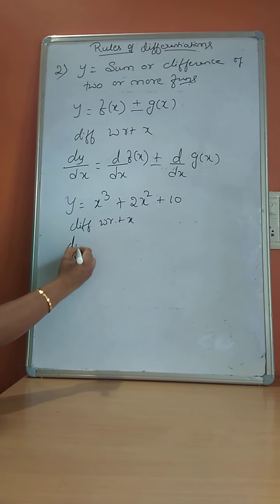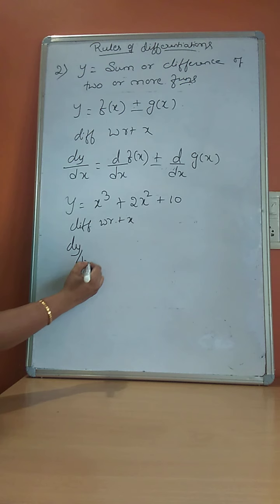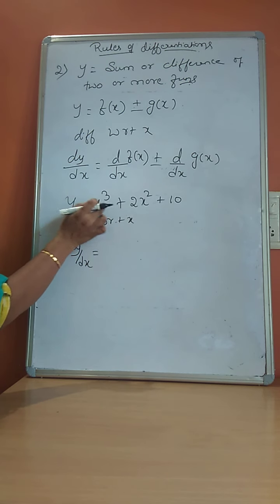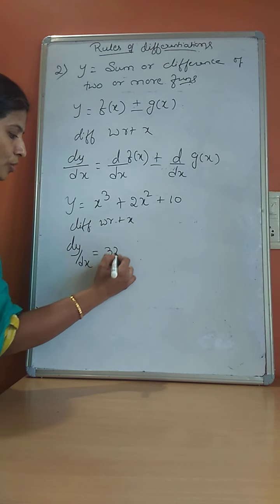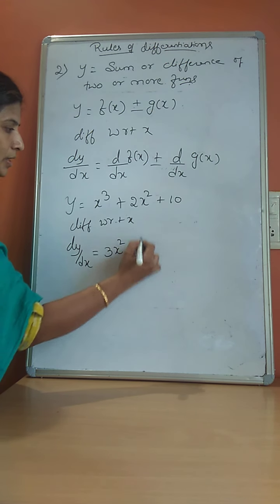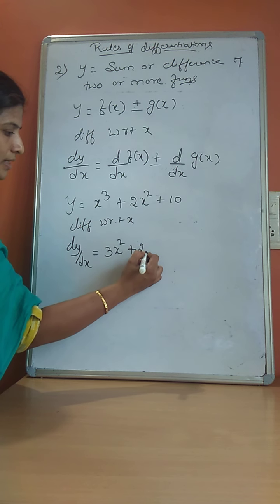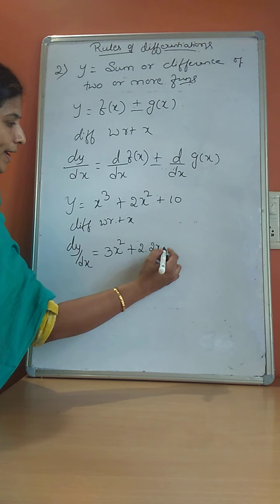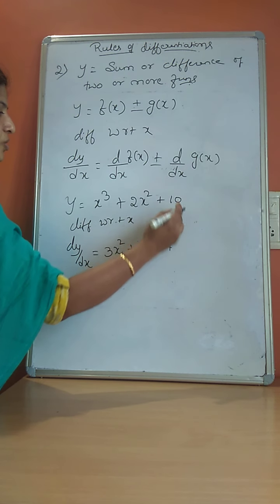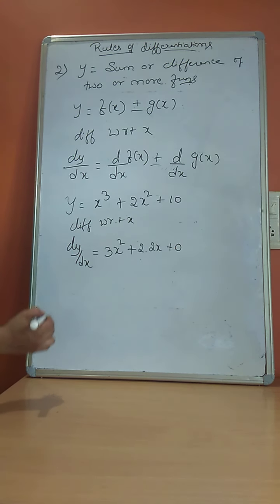What do we get? dy by dx is equal to, differentiation of x cube is 3 into x square, plus, keeping the constant as it is, differentiation of x square is 2 into x, plus differentiation of a constant is 0.